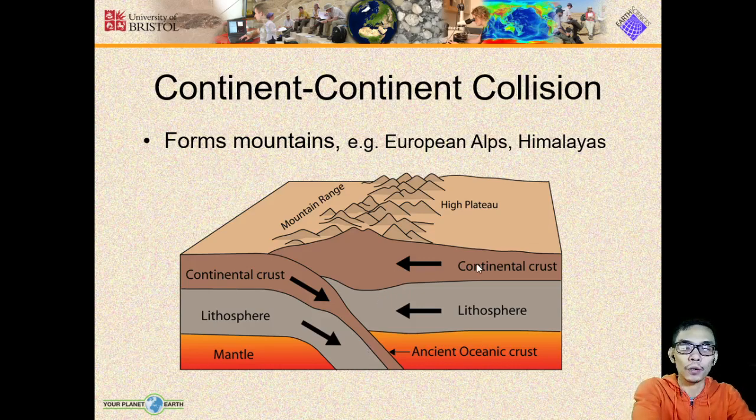As we all know, oceanic crust is denser than continental crust, so that is why it subducts. When there is no more oceanic crust left, the continental crust will not subduct. Therefore, there is only one direction it will go: upward. So it will form these mountain ranges over here.